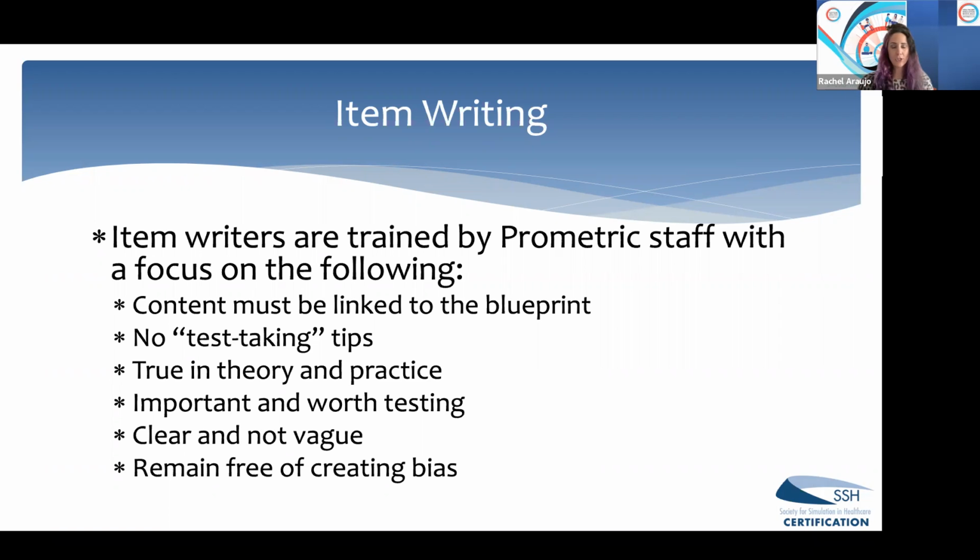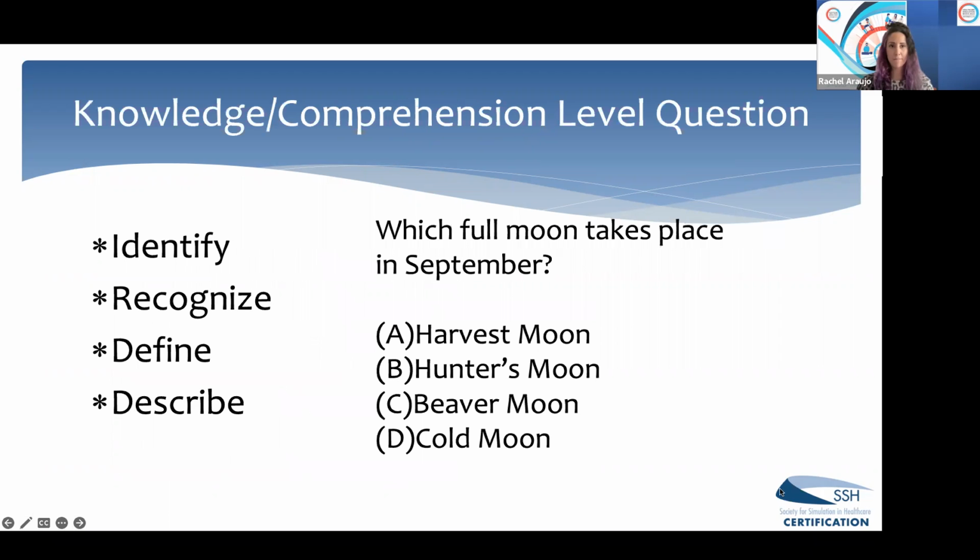So again, as I mentioned, our content outline has measurable objectives. All of those start with a verb, and those verbs will tell you the type of test question to expect to see. So our first level is our knowledge level, so our knowledge comprehension. So knowledge, just because it's the most basic, does not mean that it's bad.